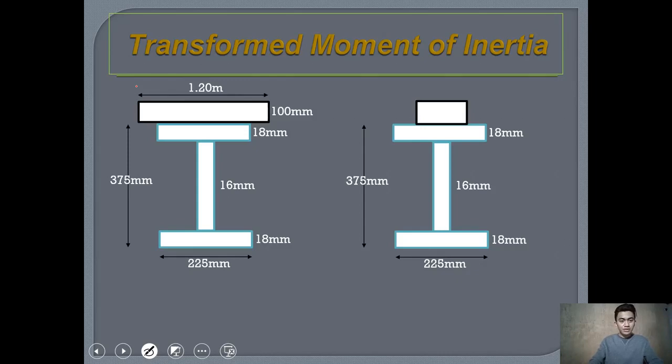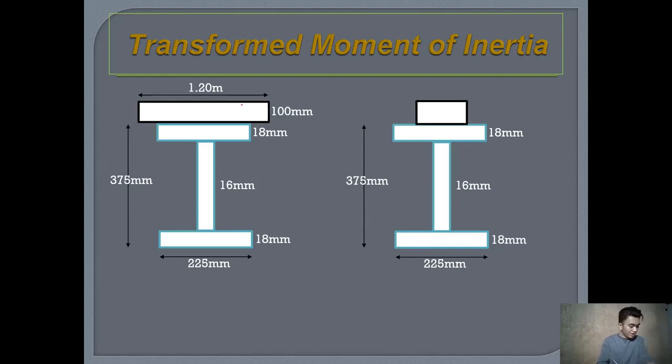All right, observe now that for our concrete slab here, we have a length which is equal to 1.2 meters. So our first task here is to transform our concrete slab into steel. We have your diagram here. And how are we going to do that? We are going to divide the width of the concrete slab by the modular ratio.